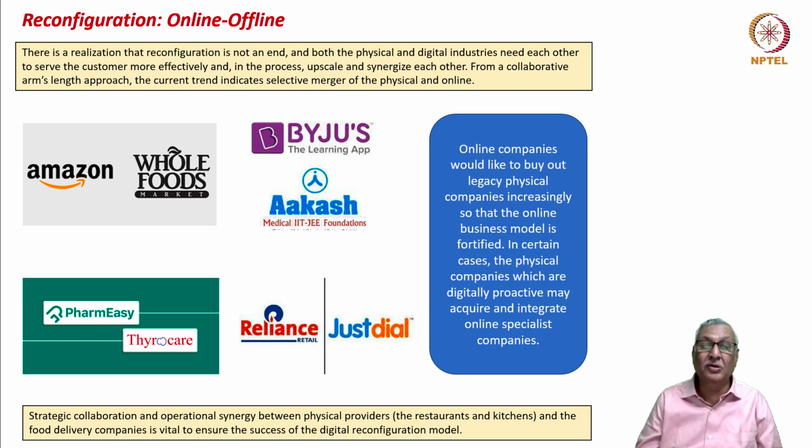Their physical costs are low, the stocking costs are low, and the digital backbone enables them to optimize on centralized manufacture and decentralized customer interface, in addition to the direct online interface. Strategic collaboration and operational synergy between physical providers, as in the case of food delivery companies, is also vital in the case of any other online-offline collaboration.